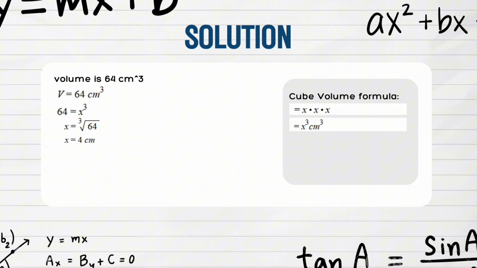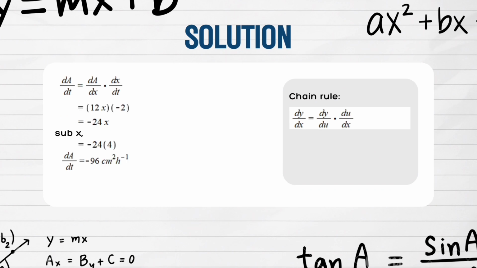Therefore, 64 equals x to the power of 3, and we can solve for x, which is x equal to 4 cm. From the previous slide, we already know dA over dx, dx over dt, and also the value of x. Therefore, everything we need to do right now is to substitute the values into the chain rule formula.